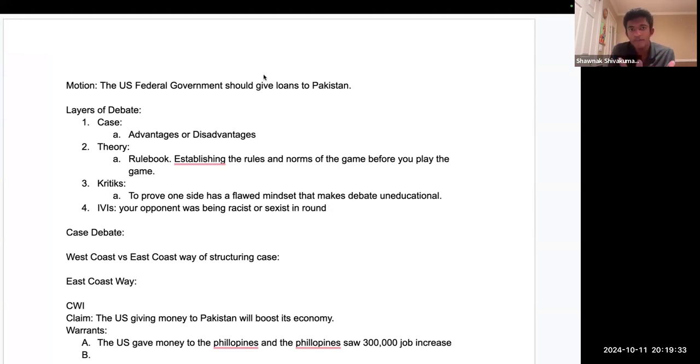Voters are, like, the specific things to vote on within a layer. Do you kind of get that? Like, there's case voters, and then there are theory voters, there are, like, critique voters. So, like, they're the specific things within a layer.